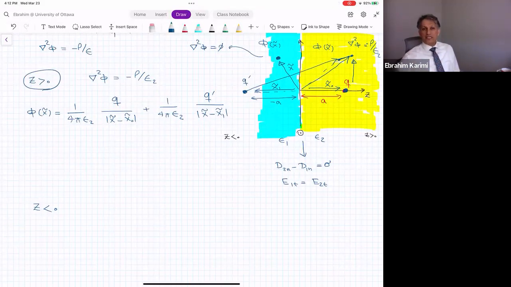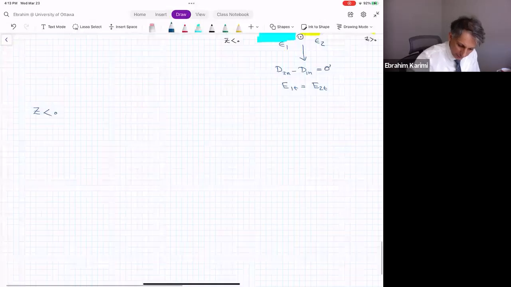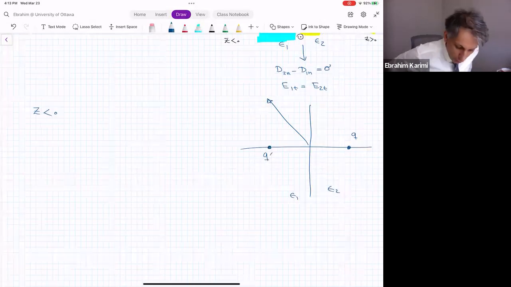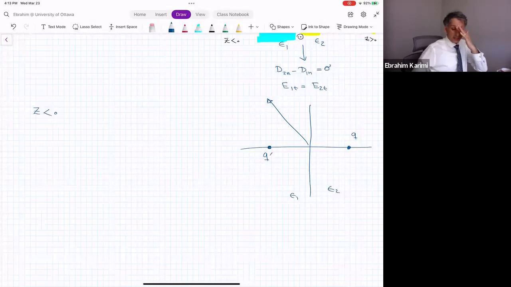What is happening with the z smaller than 0? For z smaller than 0, that's the real charge of q, that's epsilon 2, that's epsilon 1, and I'm talking about this region, and I have the image charge of Q prime. Will Q prime contribute to the potential here?